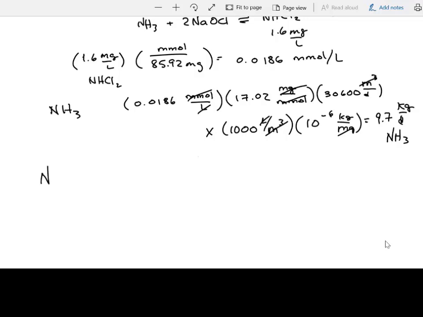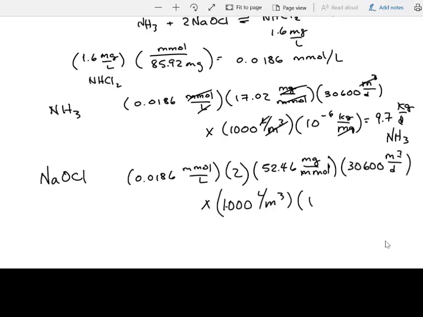Now, since the problem stated that we were adding sodium hypochlorite, not hypochlorous acid, we'll use the molecular weight for sodium hypochlorite. Remember, we needed 2 millimoles of sodium hypochlorite. We'll multiply by the molecular weight of sodium hypochlorite. And we do the same set of calculations.